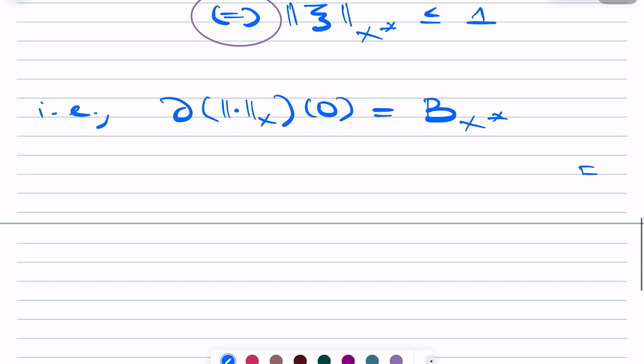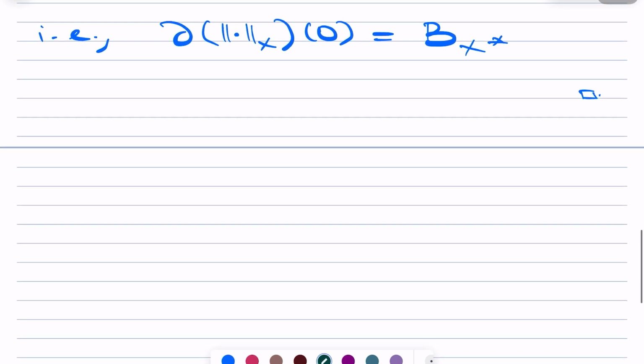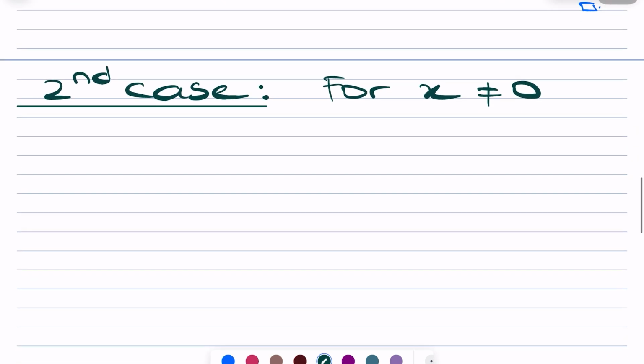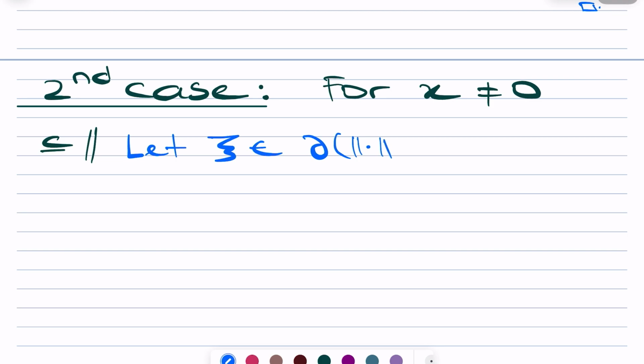Now the second case. We now assume that x is different from 0. For this we need to use the double inclusion. So we first prove the first inclusion: let xi be an element in the convex subdifferential of the norm function at the point x.